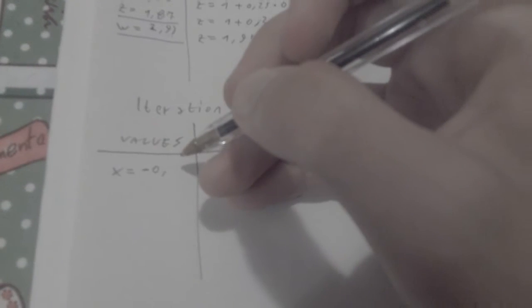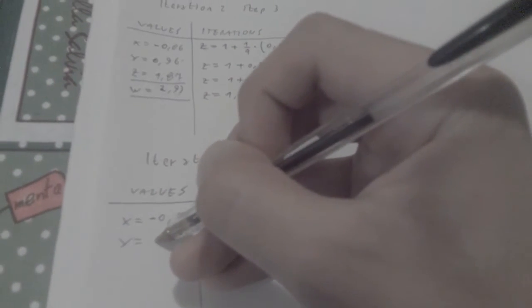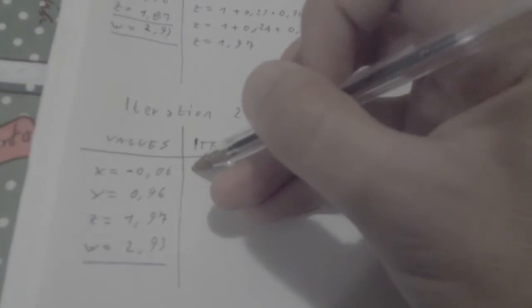So x is actually equal to negative 0.06, y is equal to 0.96, z is equal to 1.97, and w is equal to 2.93. I'm just gonna underline and load my w here because we're looking for w at the end of step 4.